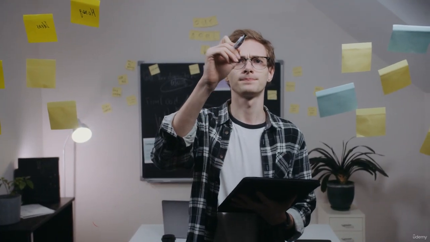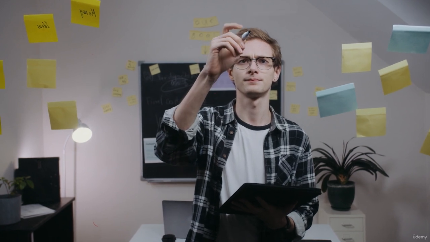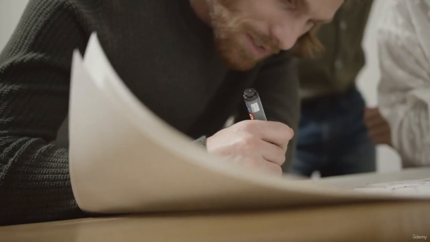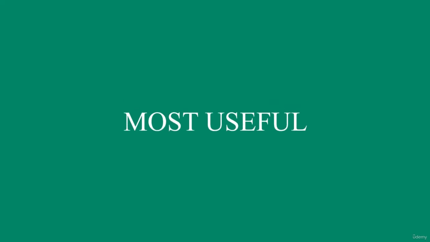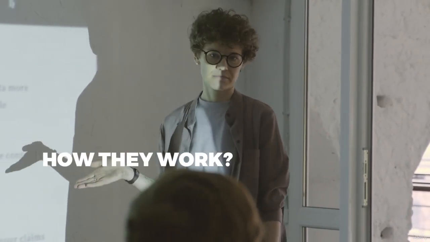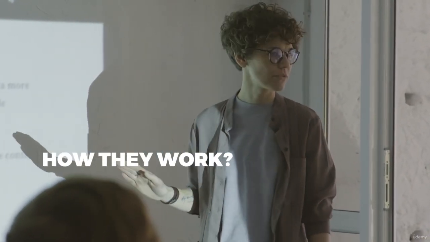Now, there are many types of state management, and the one you're going to choose really depends on the project or on what your boss tells you to do. Nonetheless, one of the most used packages are Riverpod and Provider. I'm going to give you a small demonstration of how they work in the upcoming videos.